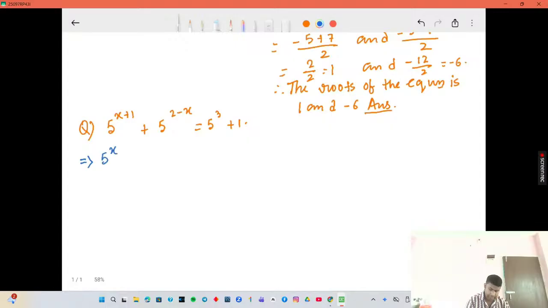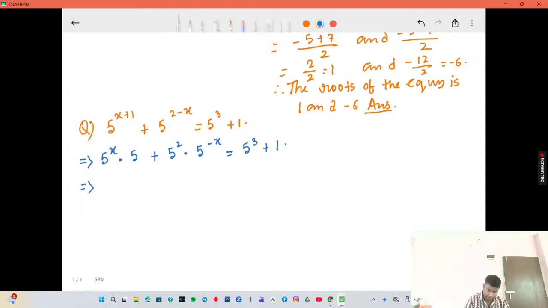5 to the power x into 5 plus 5 to the power 2 into 5 to the power minus x is equal to 5 cube plus 1. Okay, so how to solve this question?